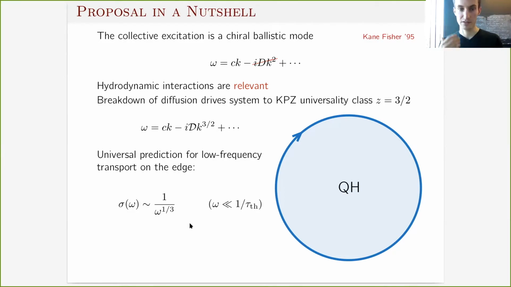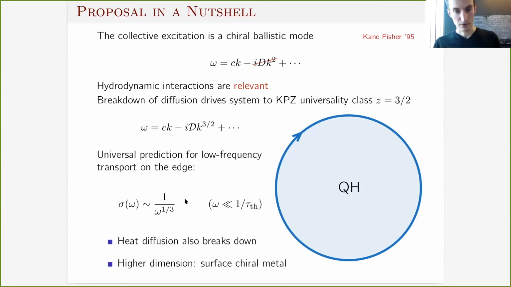But here, precisely because of the breakdown of hydrodynamics, this leads to non-analytic and singular low frequency transport. So these are the two main results. There are a number of extensions that I'll mention. As I said, one can talk about how heat moves, and one can show that heat diffusion similarly breaks down on the edge. And then I'll mention how to extend this to higher dimensional systems.